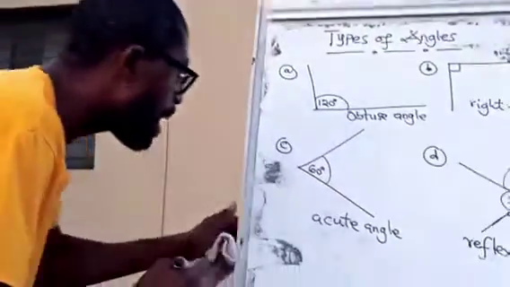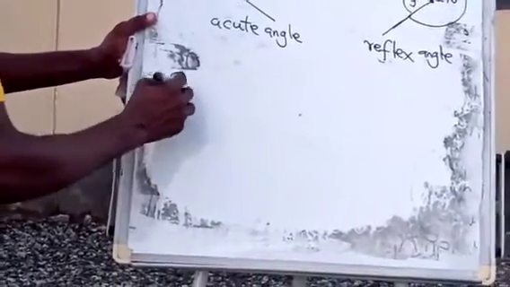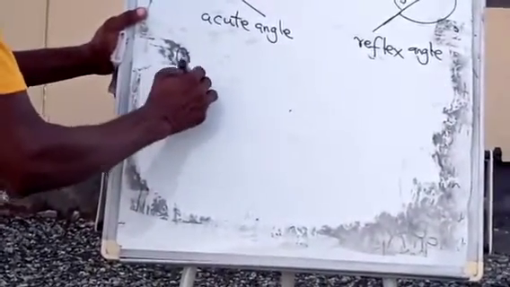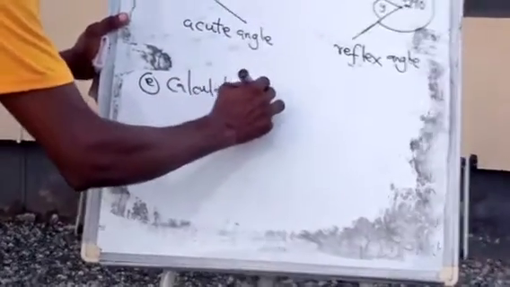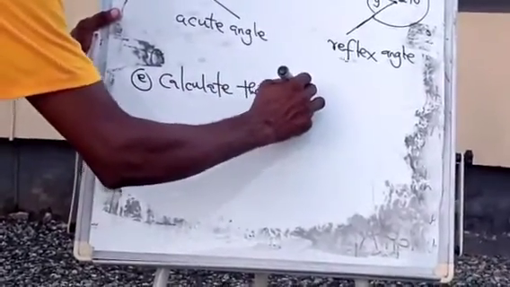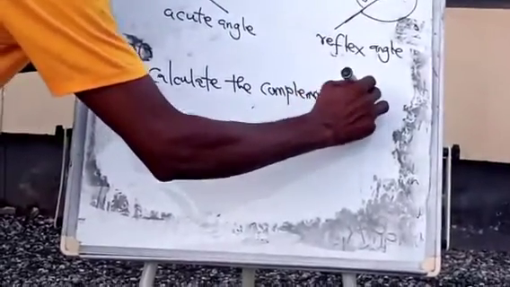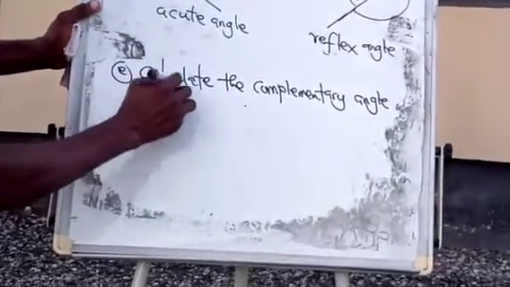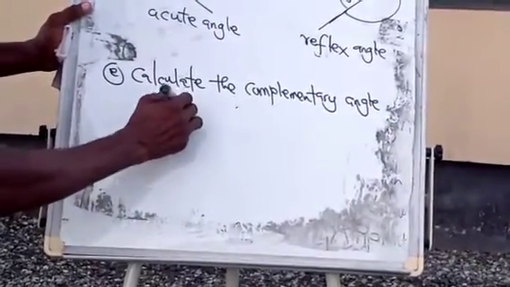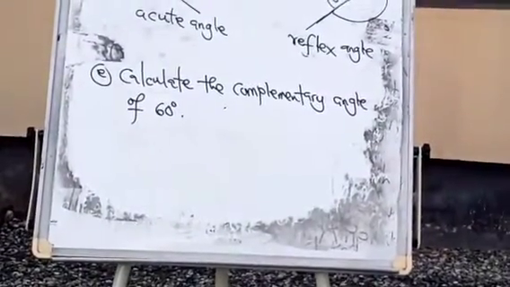We can also have some examples such as this. Calculate the complementary angle of 60 degrees.